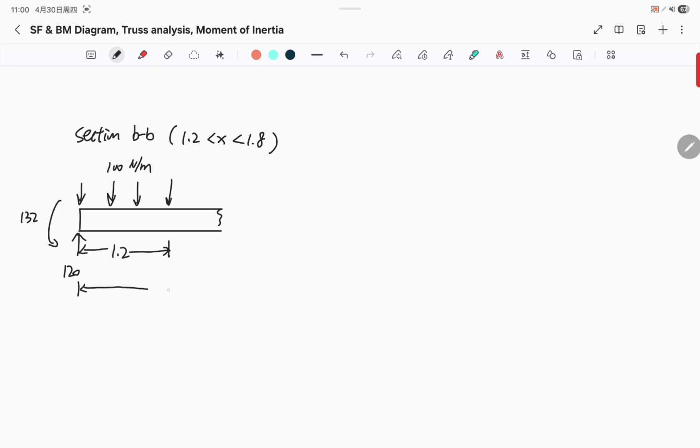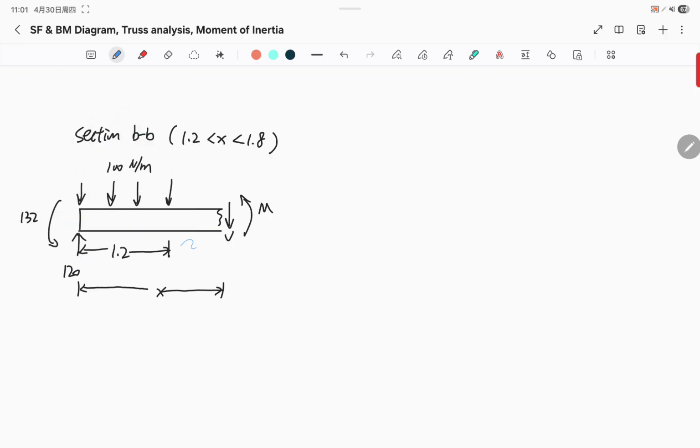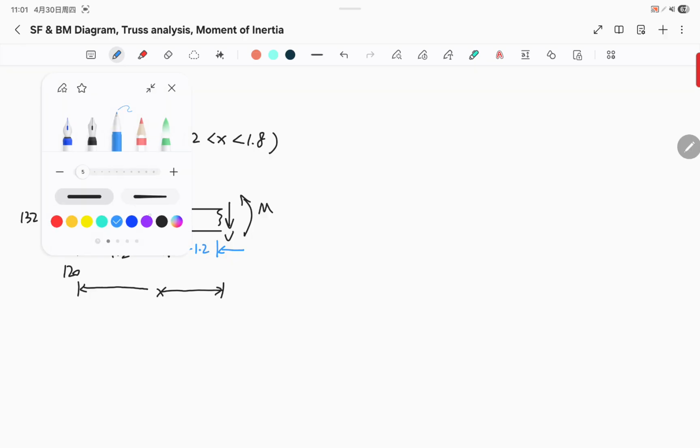The total distance is x. We have downward V, counterclockwise M, and this distance is x minus 1.2. We're gonna need that.